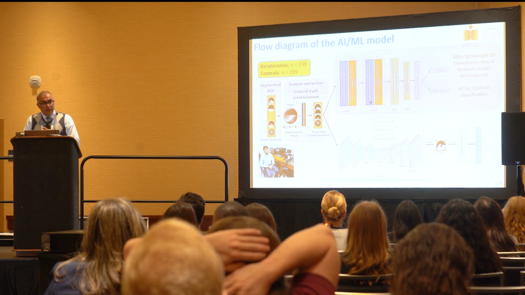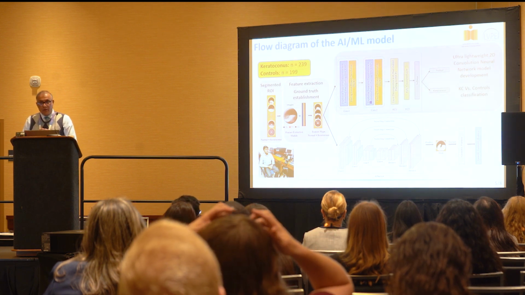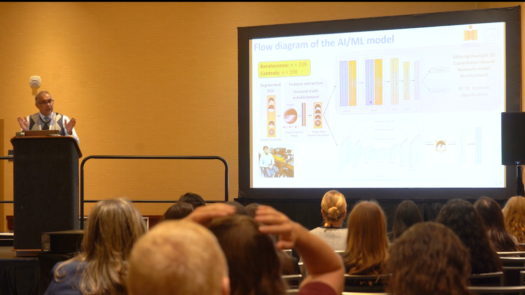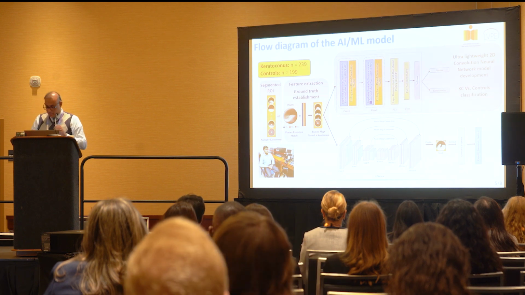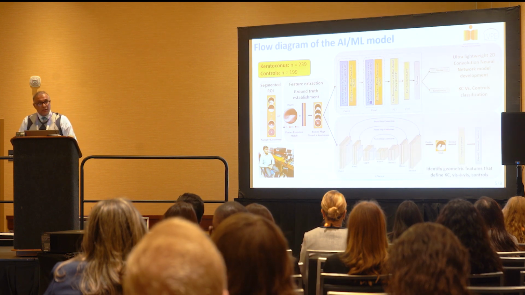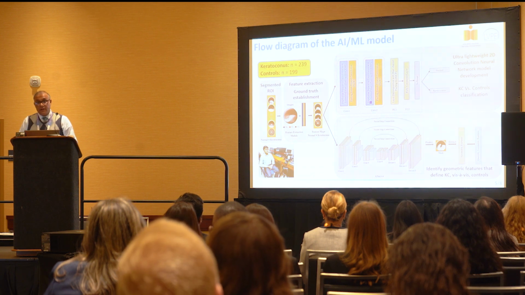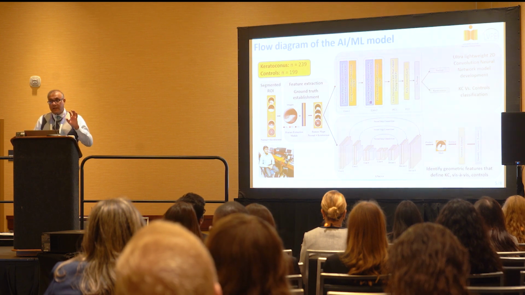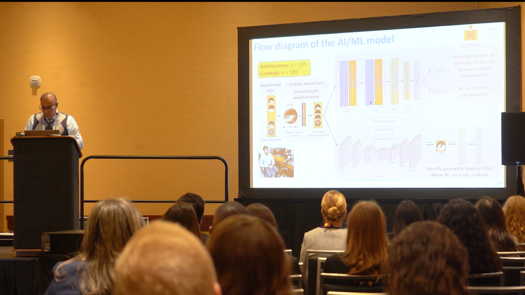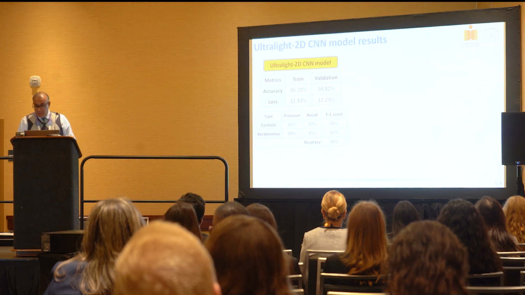One, an ultra lightweight convolutional neural network model, primarily for classifying these images into keratoconics versus normals. And a second UNet++ model that's meant for identifying geometric features that can differentiate a keratoconic pattern from a controls pattern.